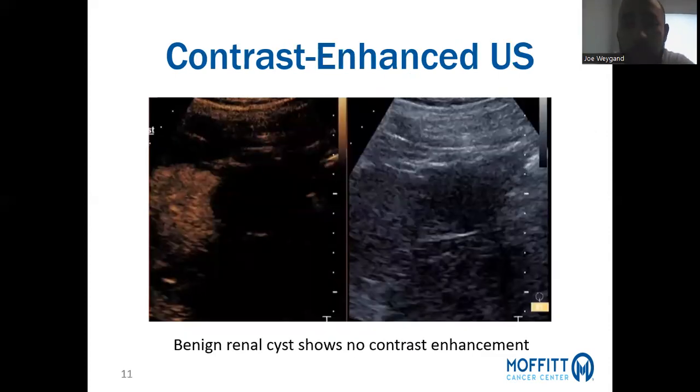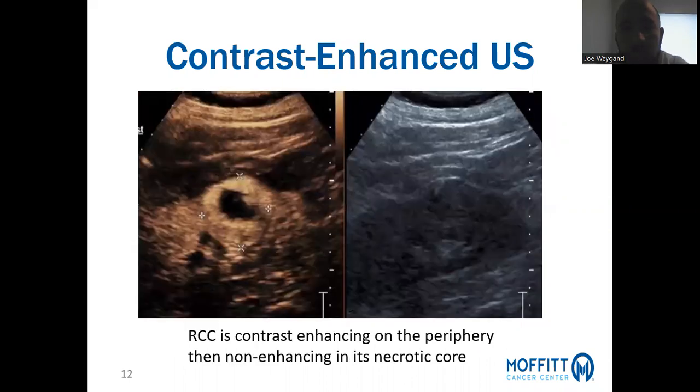So here's an example of contrast-enhanced ultrasound. On the right is your regular B-mode image, and on the left is the same image, but after you've introduced the contrast. This is a patient that has a benign renal cyst. As you can see, after injecting the contrast, there is no real contrast enhancement in the cyst. That leads one to conclude that the lesion is benign.